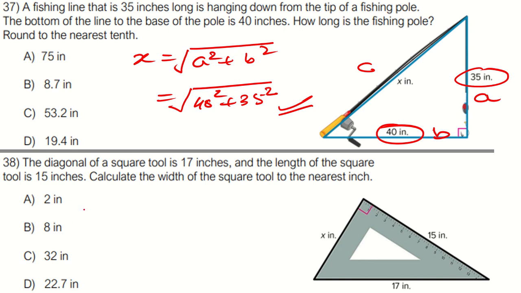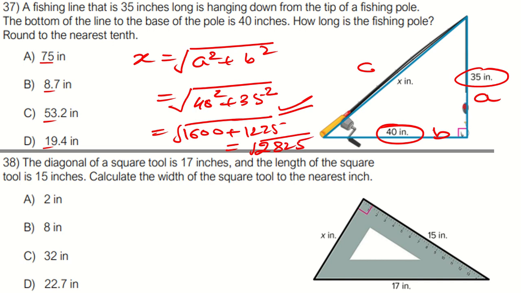Now, you can do this question by estimation also, because there is a big difference between the options: 75, 8, 53, 19. Okay. So 1600 will be the square of 40, and then 35 square will be 1225. 1225 plus 1600 means 2825.